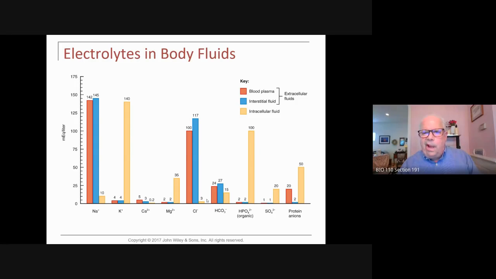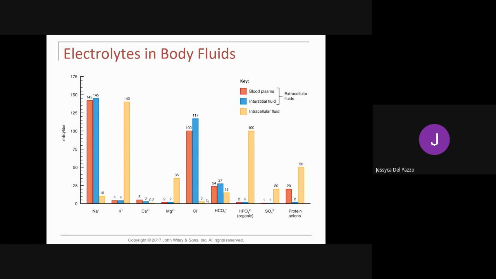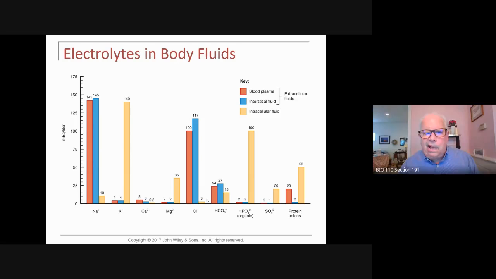What is the most abundant anion in the intracellular fluid? Is it K? No, that's a cation. I'm talking about anion.